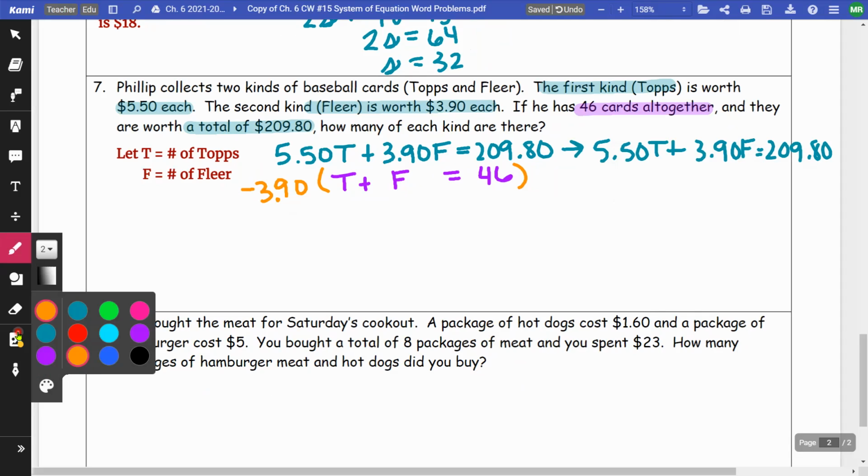The second equation, I'm multiplying by a negative 3.90. So I'm going to get a negative 3.90T minus 3.90F is equal to 46 times a negative 3.90, which is a negative 179.40. So I'm going to add these together.